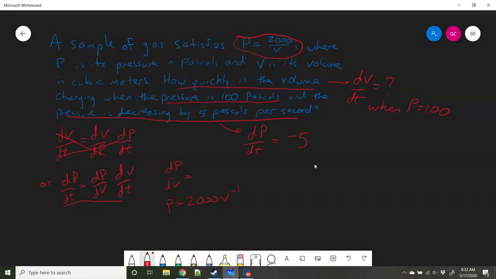So that means that dP/dV is negative 2000 times V to the negative second, which we can rewrite as negative 2000 divided by V squared. So dP/dt, well, that's the thing that I know, right? That's the negative 5. So negative 5 is equal to negative 2000 over V squared times dV/dt, which is the thing I don't know.